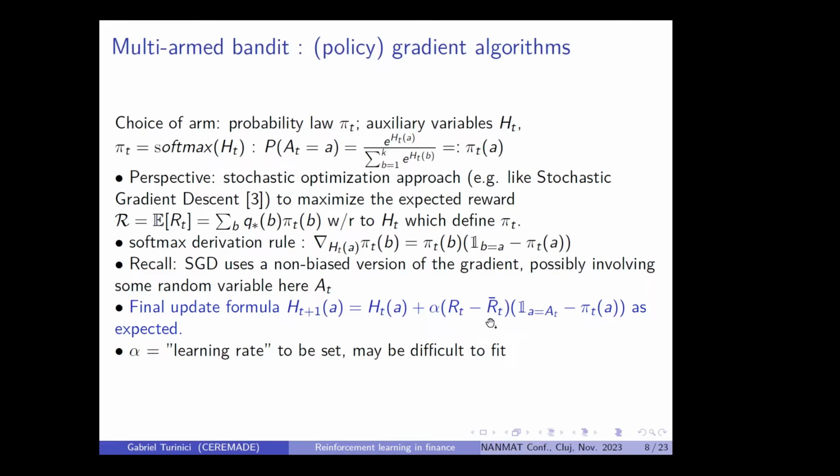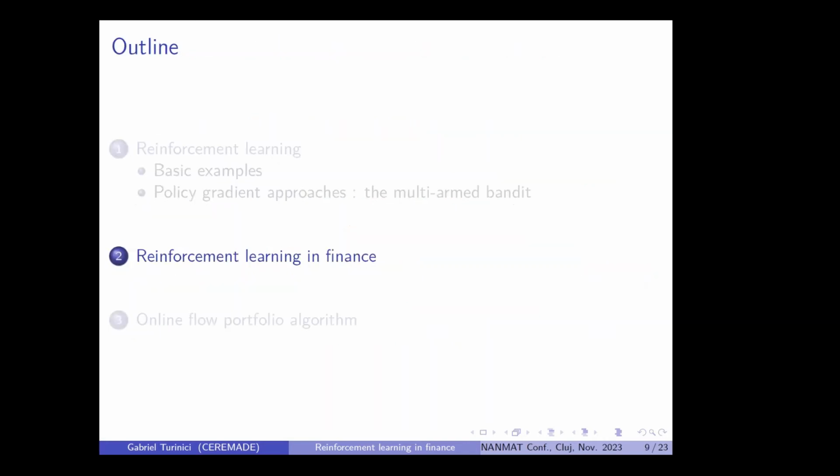It is customary to also add a baseline, which is the average of rewards obtained so far. This is just a gradient algorithm written for these variables. There is a learning rate alpha, which nobody tells you what values it should be set to. In practice, it may be difficult to get the right one, and you have to search through several until you find a good one.